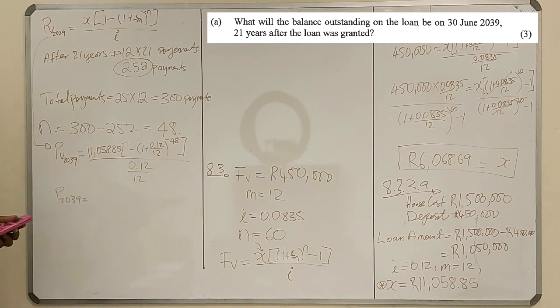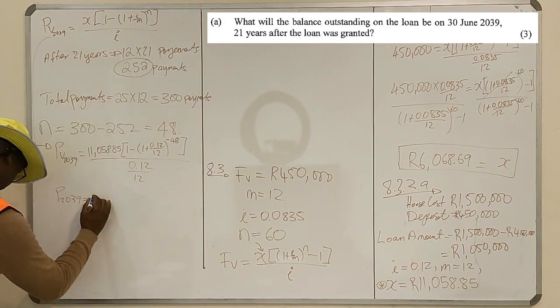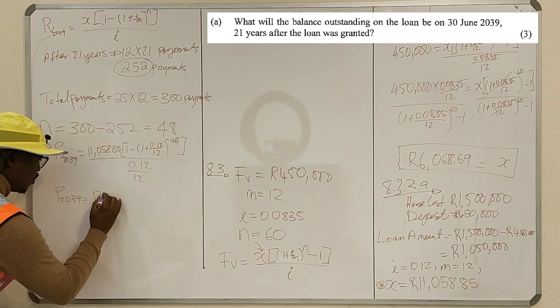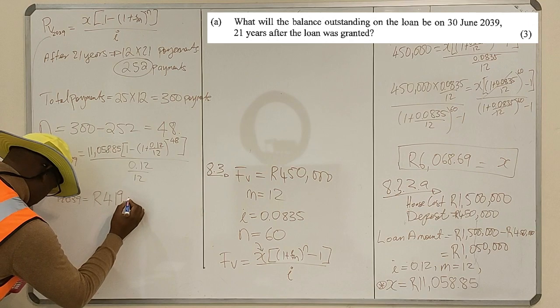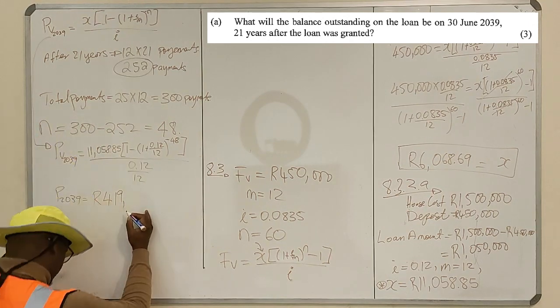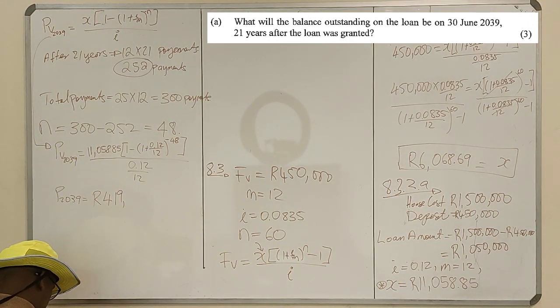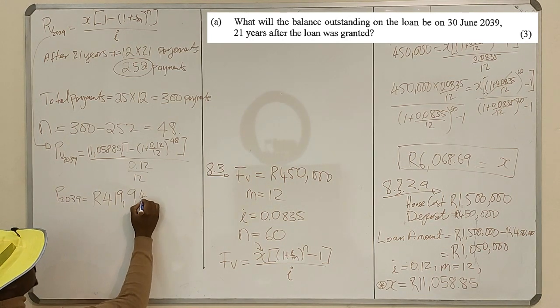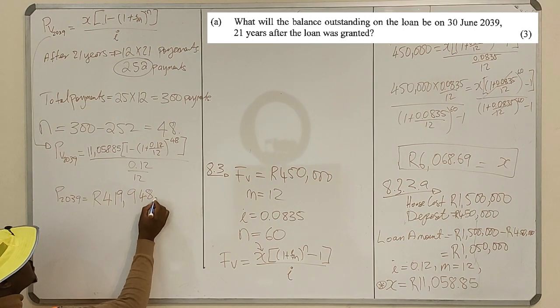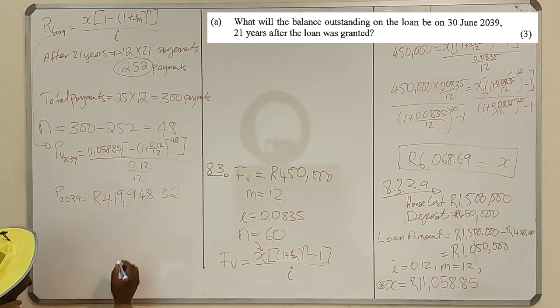So at that very moment, on the 30th of June 2039, he will be owing a total of 419,948 rand 32 cents.